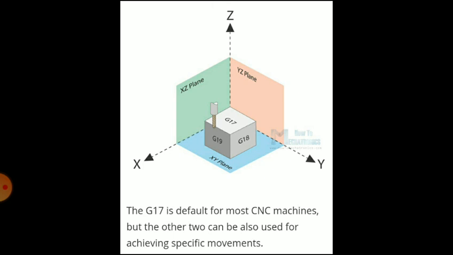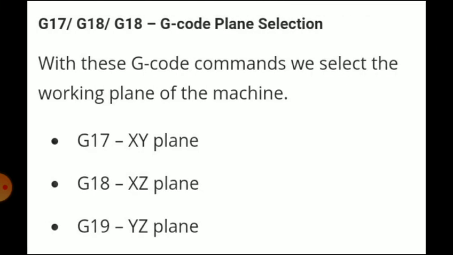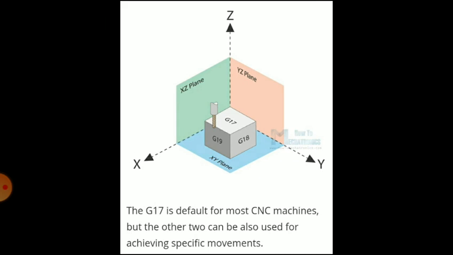Suppose you have to carry out a machining operation on the top portion, then you use G17. XZ is G18, and YZ is G19. So this is plane selection. G17 is the default for most CNC machines, but the other two can also be used for achieving specific movements.